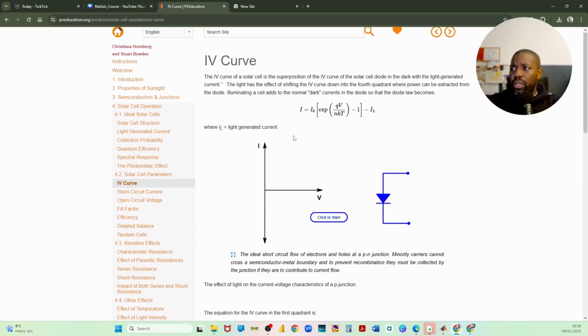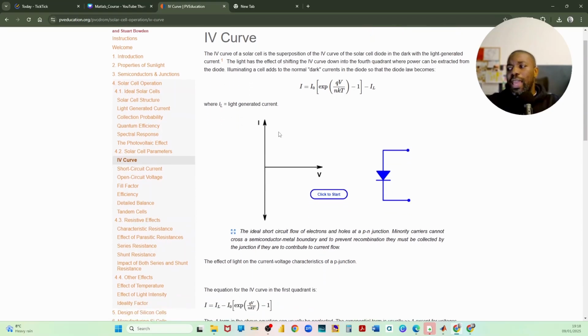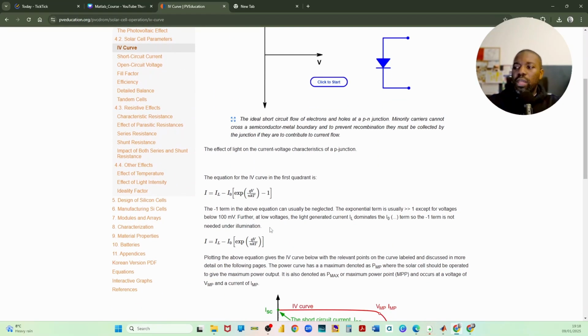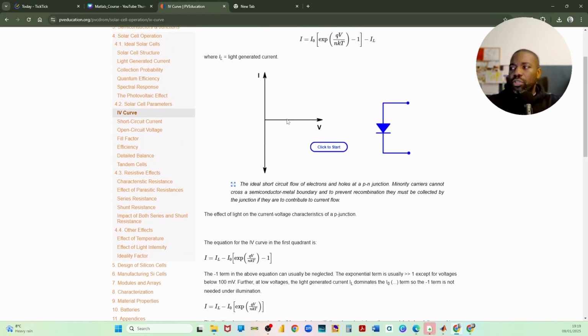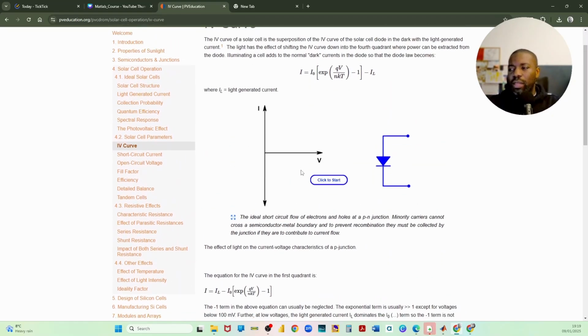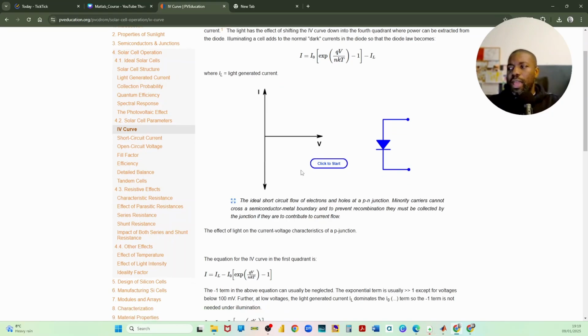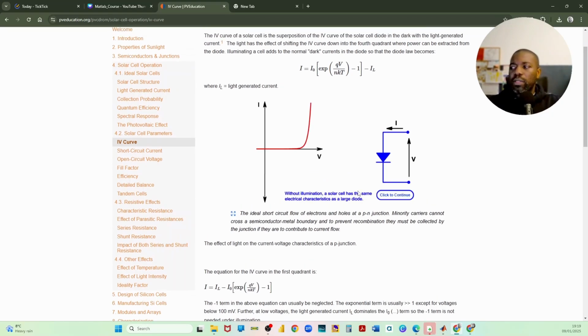So there is a specific equation that allows us to look at the relationship between current and voltage for a light generating current diode, and that gives us an indication of how we are turning the light emission, or the irradiance hitting the solar panel and the diode, into the current that we need to charge our battery.